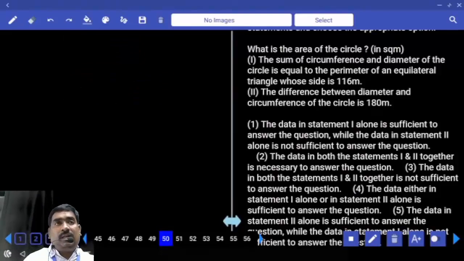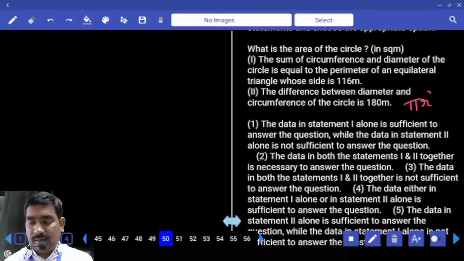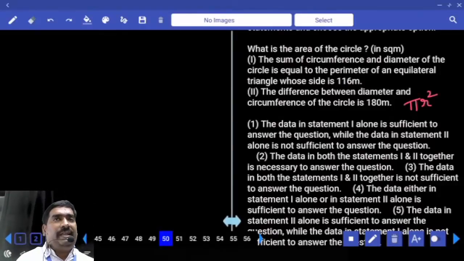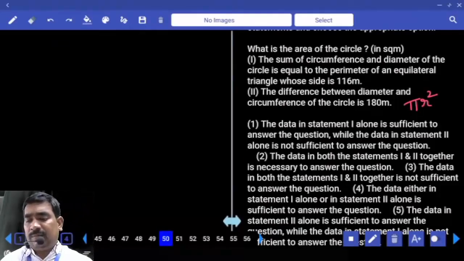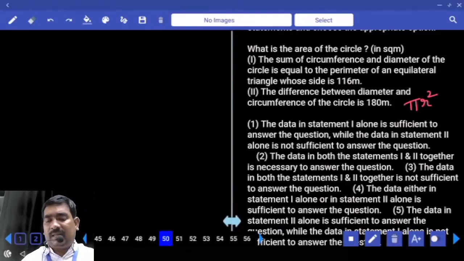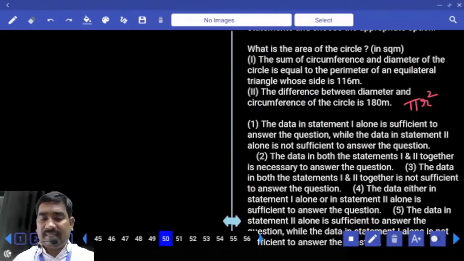What is the area of this circle? What is the area of a circle formula? Pi r square. If you know the radius, we can say the answer. First statement: the sum of the circumference and the diameter of the circle is equal to the perimeter of an equilateral triangle whose side is 116.